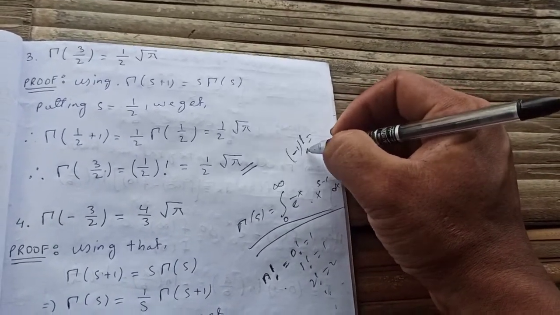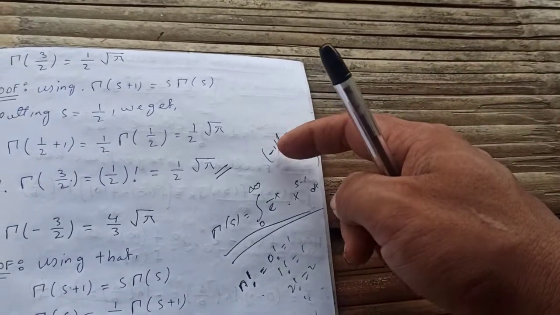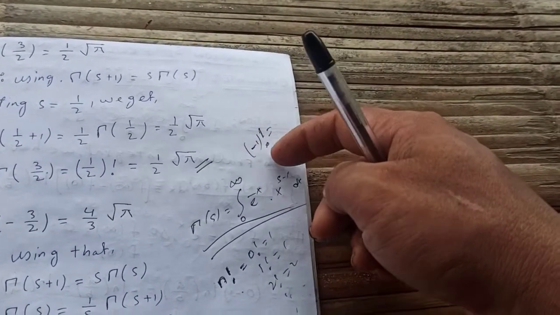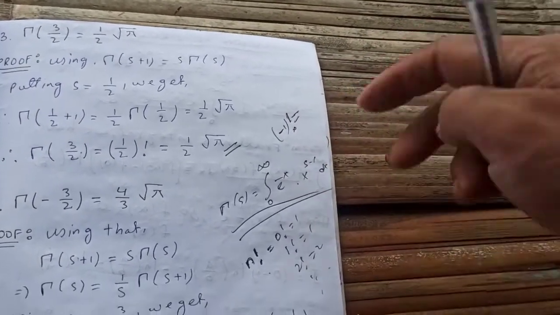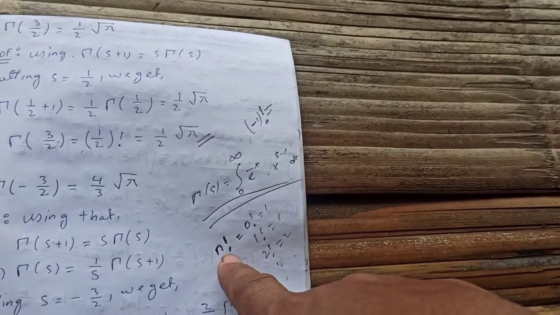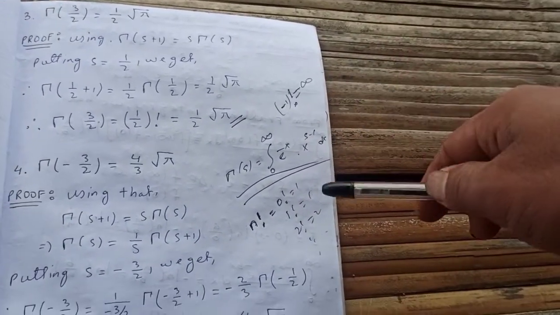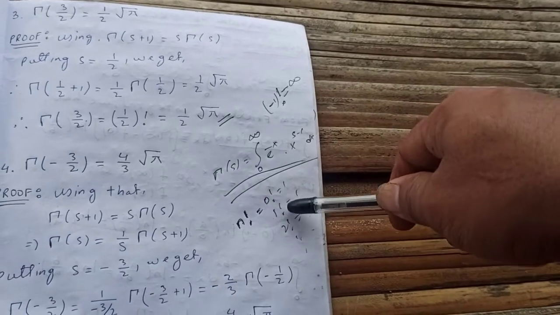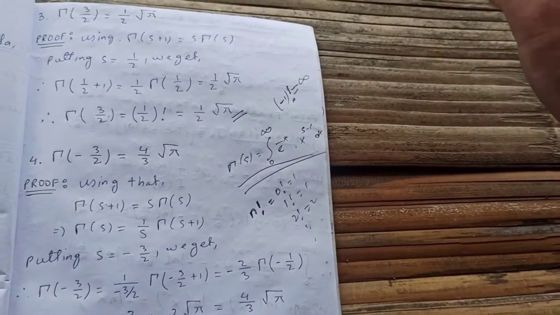So for negative integers, this factorial function does not define, okay? This is not defined. That means this factorial function is defined only for positive values, positive integers we can say, right?